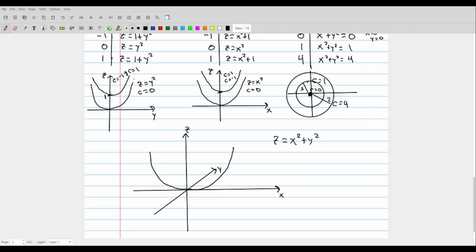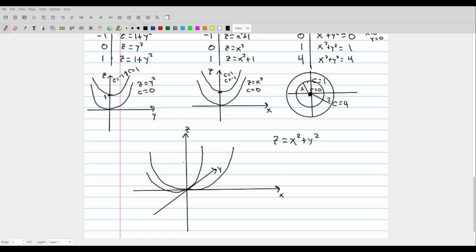Kind of opening up along the x-axis, that's this parabola. When y is fixed at 0, you have a parabola that opens like this along the y-axis. It's this parabola right here.